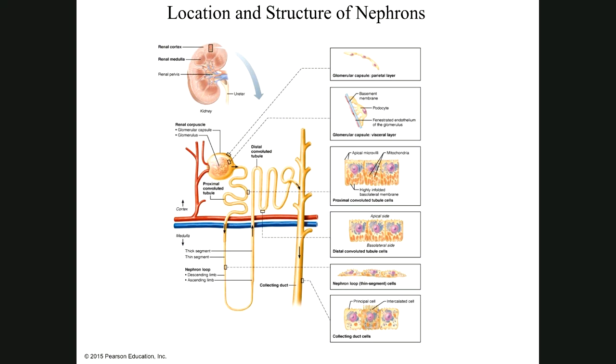The nephron loop, also called the loop of Henle, has this U shape, with a very thin descending limb. Then we have the distal convoluted tubule, or DCT, with cuboidal epithelium, cuboidal cells over here, with very few microvilli.